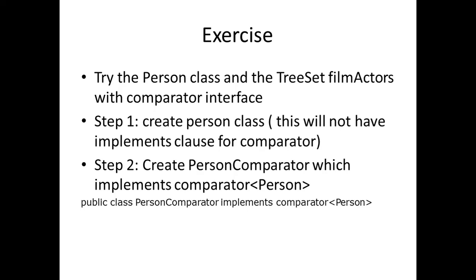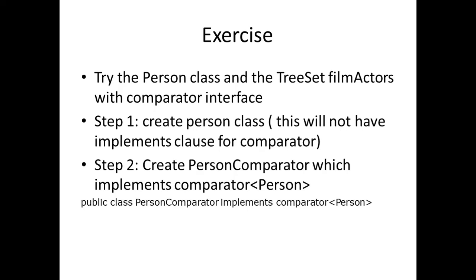Then only you will get the sorted display of the TreeSet elements which you add as film actors, otherwise not. So the same exercise you are going to try now, but with the comparator interface. So first, try the Person class and the TreeSet of film actors with the comparator interface. This is the exercise.